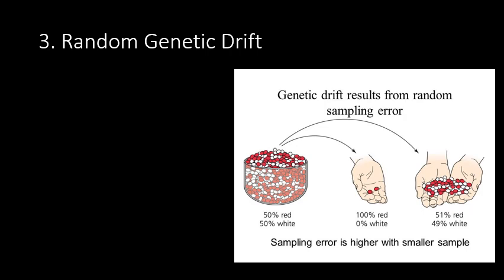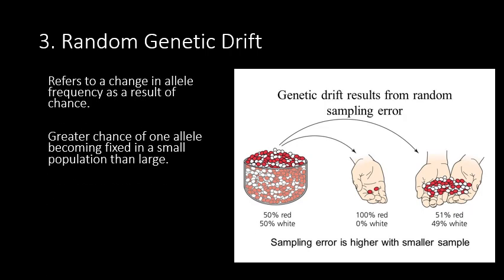That also happens with genes. Random genetic drift refers to a change in allele frequency as a result of chance. The thing to remember is that when I flip this coin 10 times, I have a greater chance of getting Neanderthal heads or Queen Elizabeth heads at a disproportionate ratio.